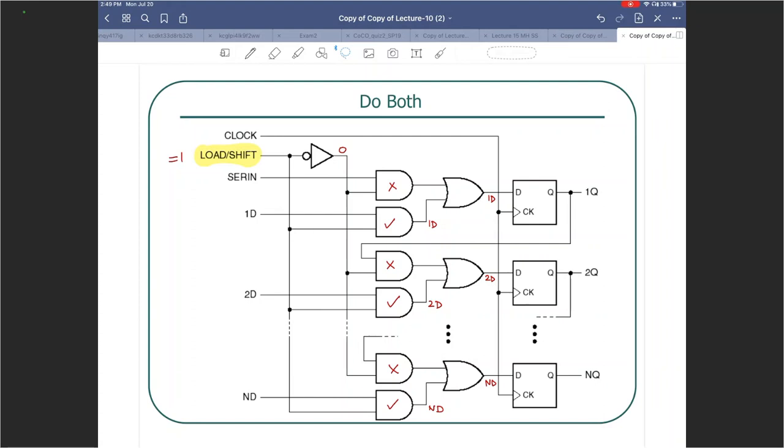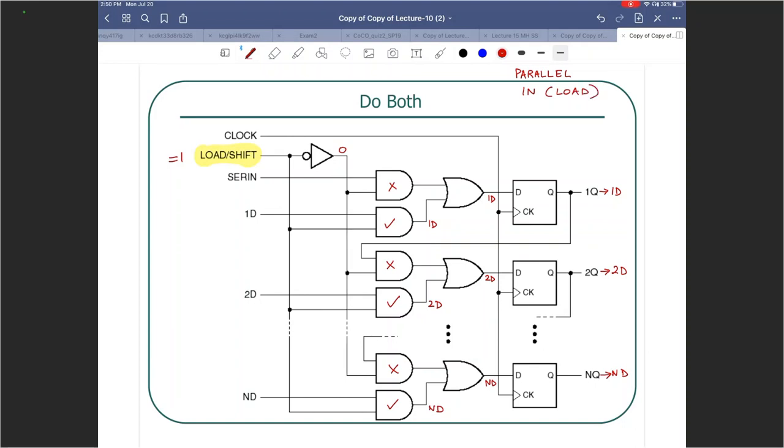Next, I wait for the positive edge of the clock. As soon as I get the positive edge of the clock, 1Q will become 1D, 2Q will become 2D, NQ will become ND. That is how I do a parallel in, or load, right?